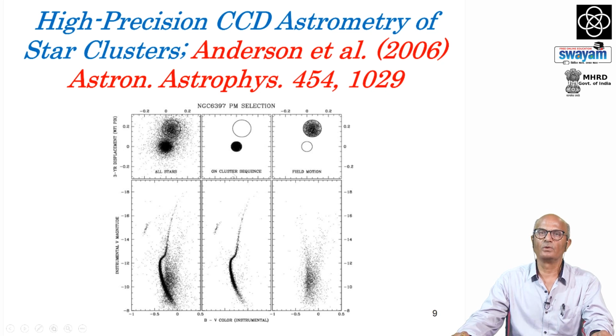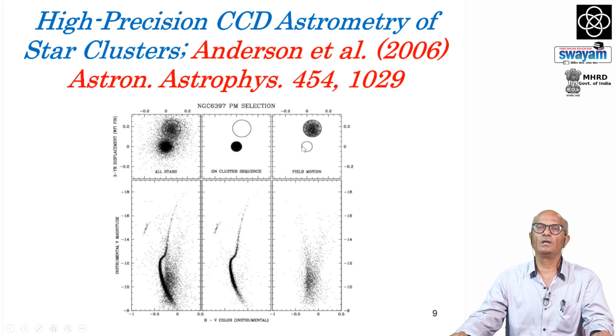If these stars are plotted, we see a well defined cluster sequence. We have a well developed red giant branch, the main sequence turn off point, and some stars lying here are kinematic members, and they are called blue straggler stars. This is the horizontal branch, and in some clusters we also see the location of white dwarfs.